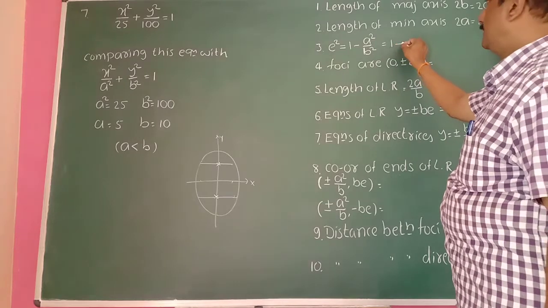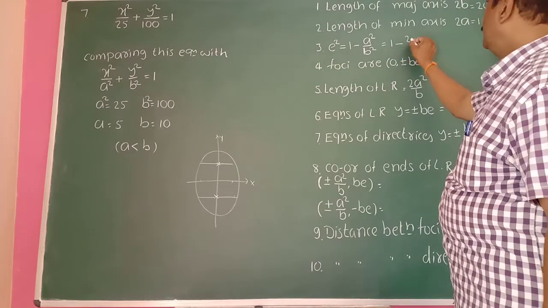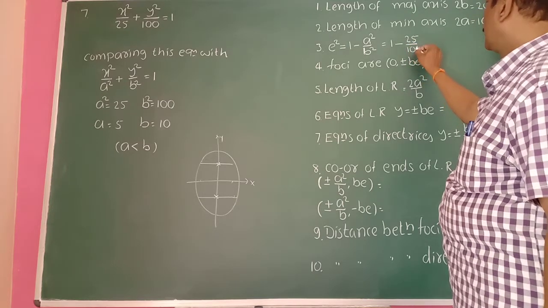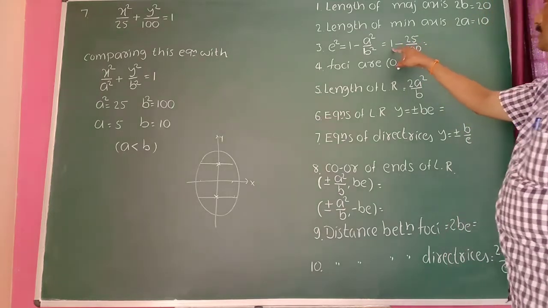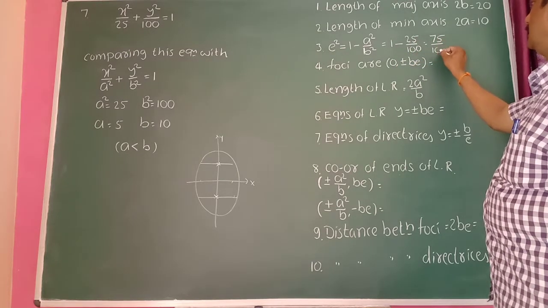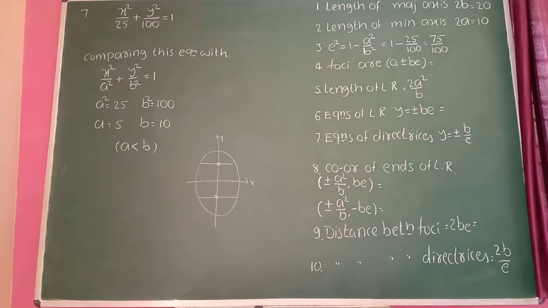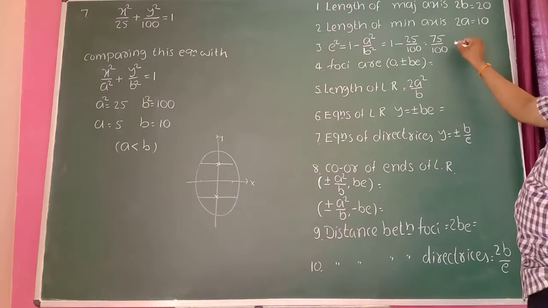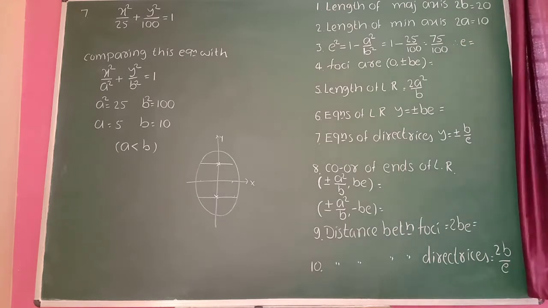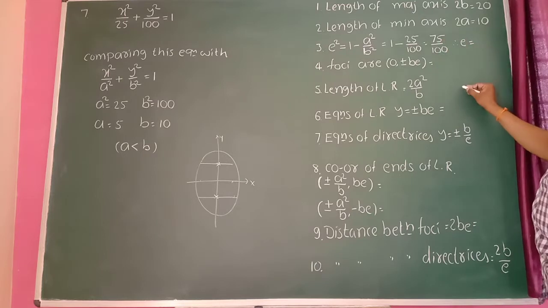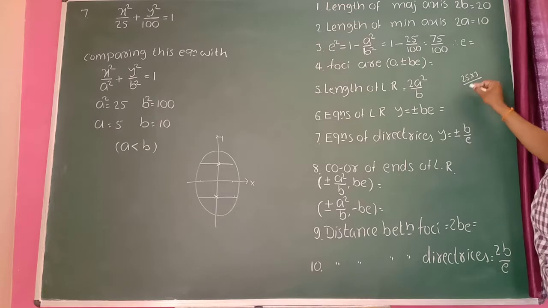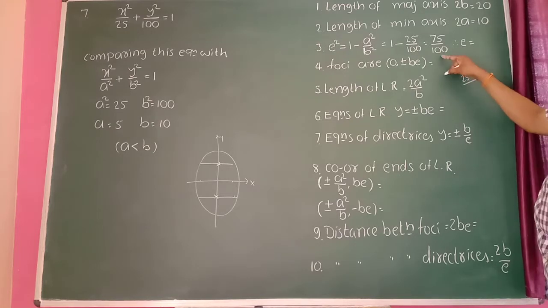Then root of 1 minus a square, which is 25, divided by b square, which is 100. 100 minus 25 becomes 75 divided by 100. Then the eccentricity e is equal to root of 75, which is 25 into 3, and root of 100, which is 10 square.